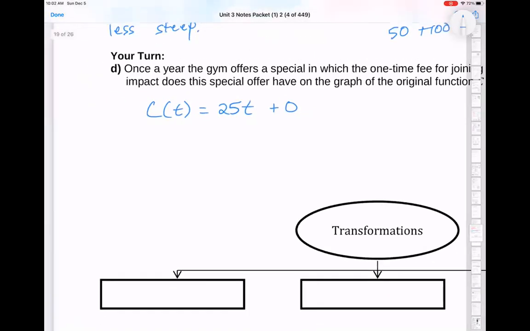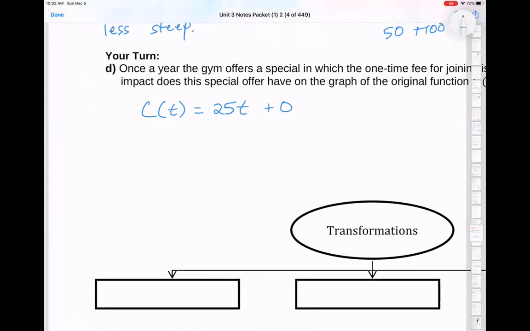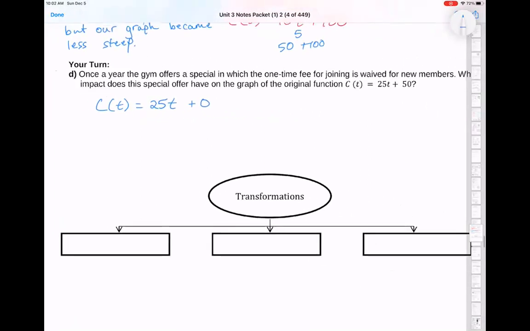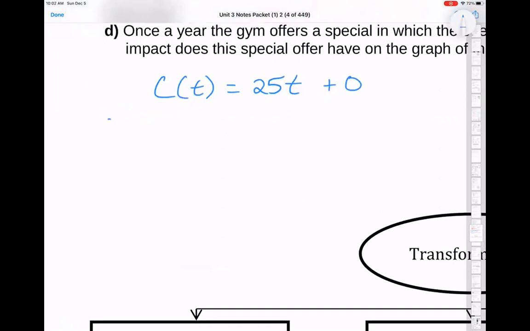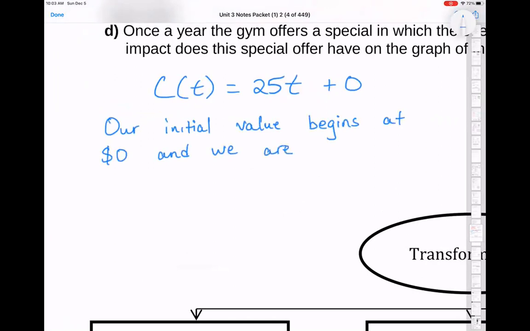Now, what you would expect on the graph, we actually did graph this one. Essentially, our initial value begins at $0. And we are charged $25 every month.